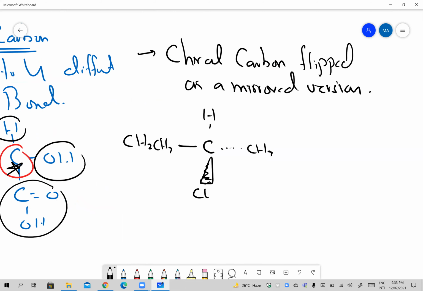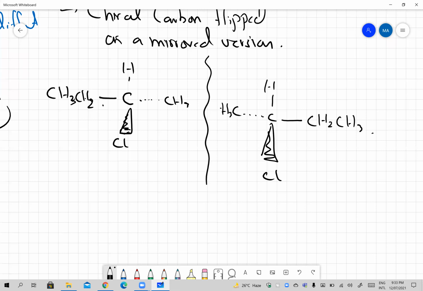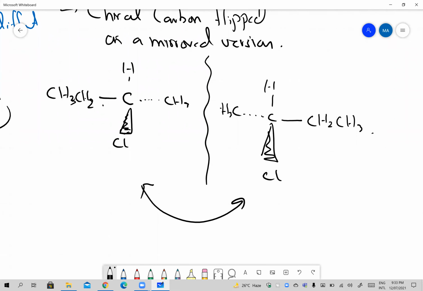The same carbon, let's say if you flip this entire compound in a mirror, this is how the mirrored version would look like. No, sorry, this has to be in the same direction, CH2 and CH3. So now these two are optical isomers.